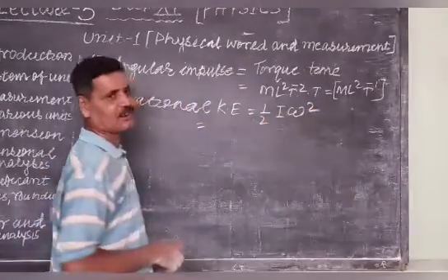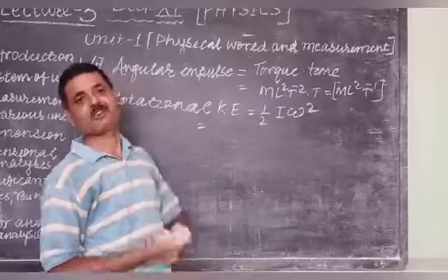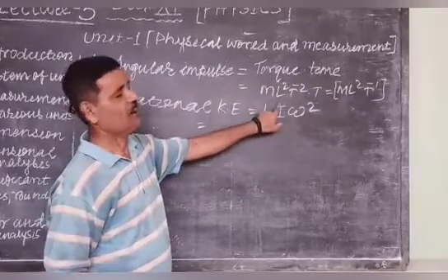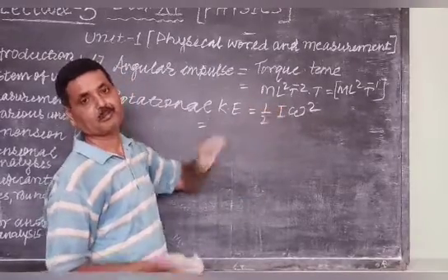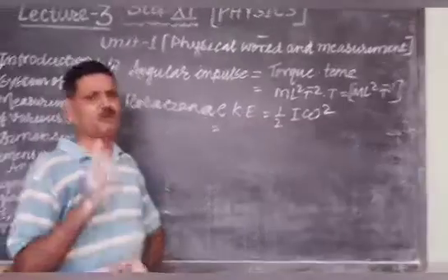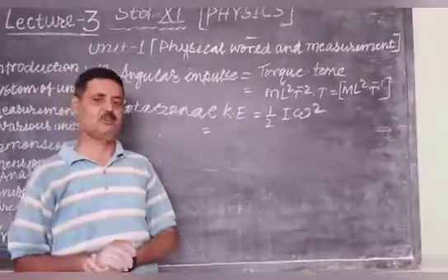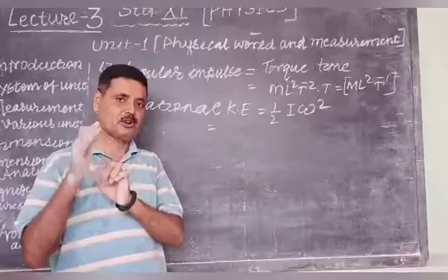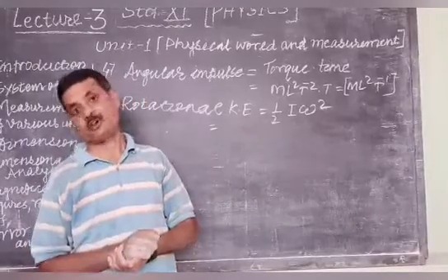Half is a number, and a number is a dimensionless quantity. I is the moment of inertia. Recall, moment of inertia, which I have taught you, is the product of mass and distance squared.